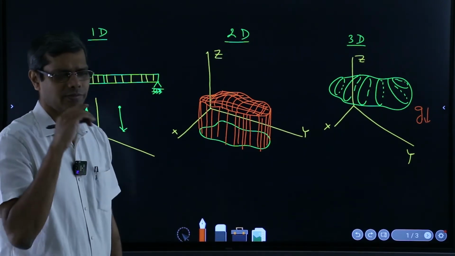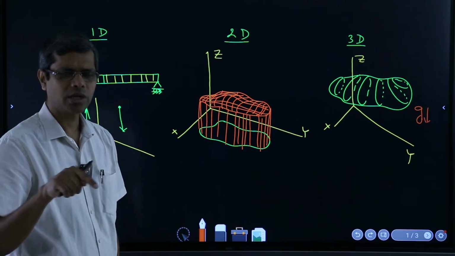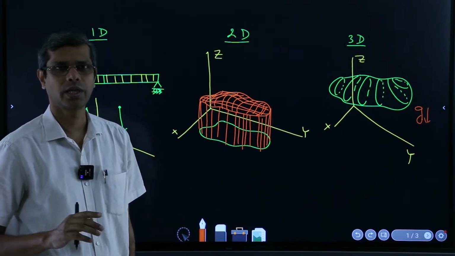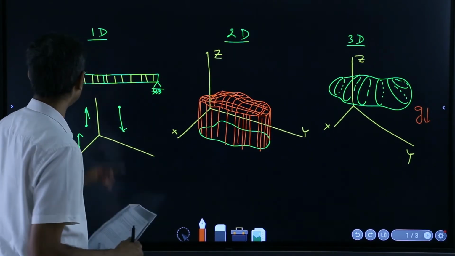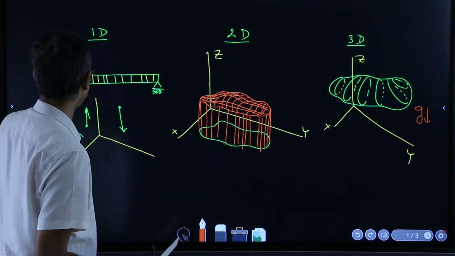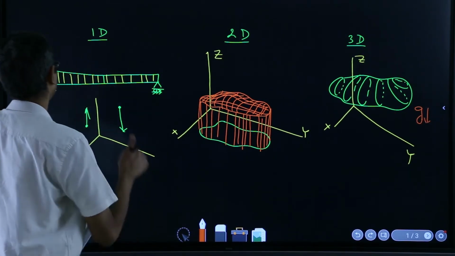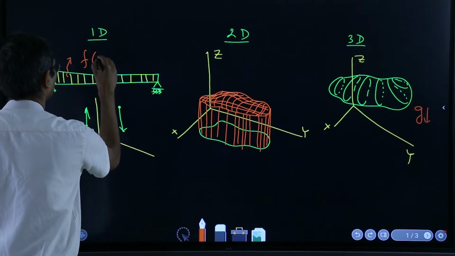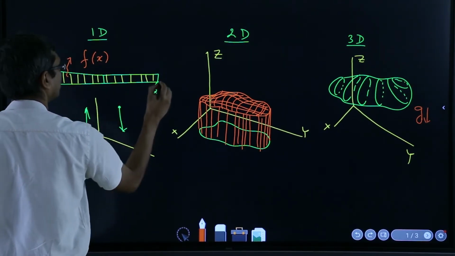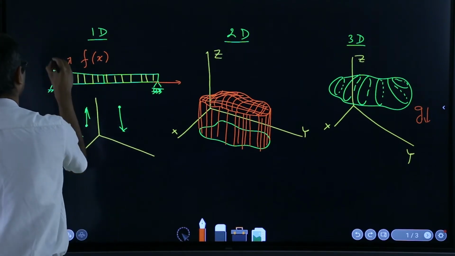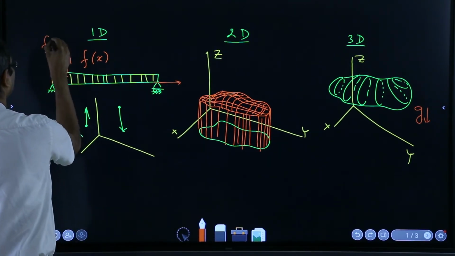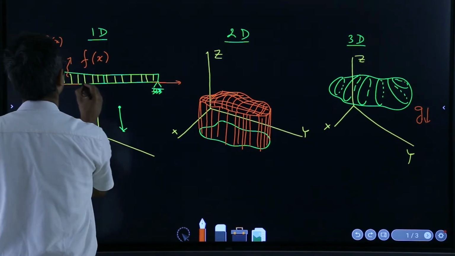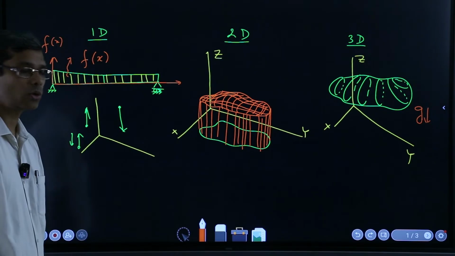This is very strongly correlated to the concept of continuous function in maths. In this 1D case, suppose I call this force a function of x, where x is in this direction, so it is f of x. This f of x describes the load.